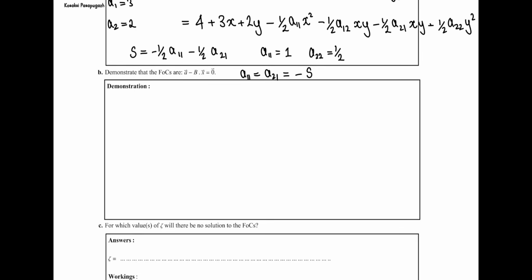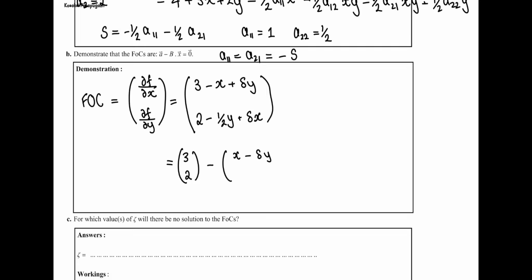And when we do that, just from looking at this function, we will get 3 minus x plus sy, and 2 minus a half y plus sx. If I now separate this, so we get 3, 2 separately minus x minus sy, and then a half y plus minus x.